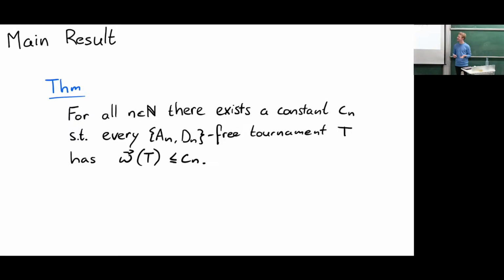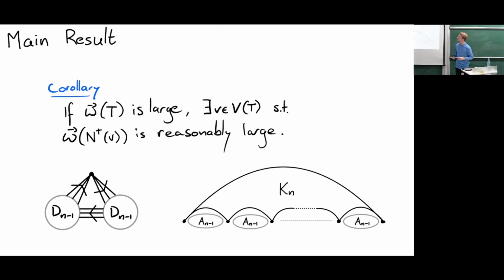And so in a way what this says is that if you have large diclique number, it's really caused by having a reasonably large A_n or a reasonably large D_n. And so we also somewhat have a bounded size certificate of having large diclique number, even if the diclique number of the certificate is not necessarily equal to the diclique number of the tournament overall. Now, we also get a nice corollary, namely that if you have large diclique number, then there exists a vertex such that its out-neighborhood has reasonably large diclique number.